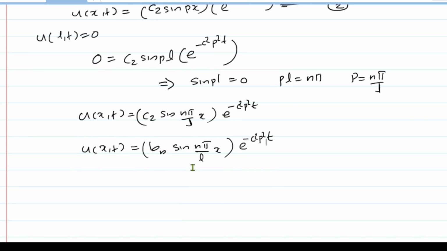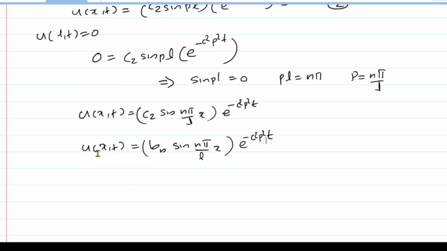Here we apply the principle of superposition: for different cases of n we get different solutions, therefore the linear combination is again a solution. Therefore we can say that the sum of bn sin(nπx/L) e^(-c²p²t) is a solution.